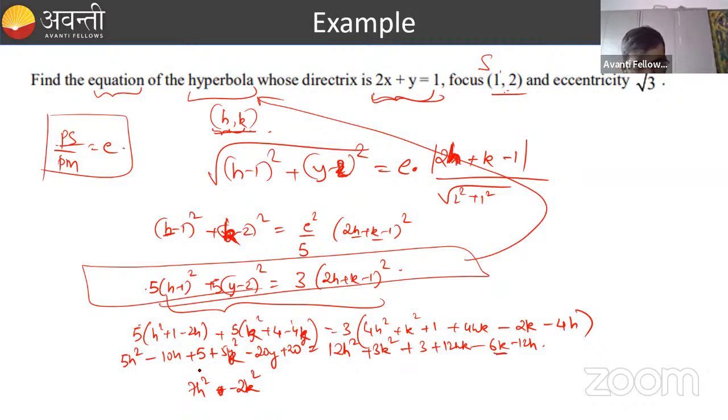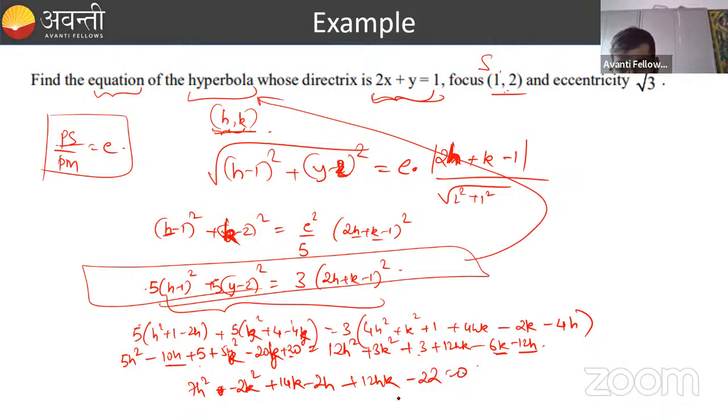The term 6k here becomes plus 14k after adding 20k, minus 10h here, it is minus 12h, it becomes minus 2h. Plus 25 here, it is plus 3 here. So plus 12hk will remain as it is. 25 will go there, it will become minus 22 equals to 0.